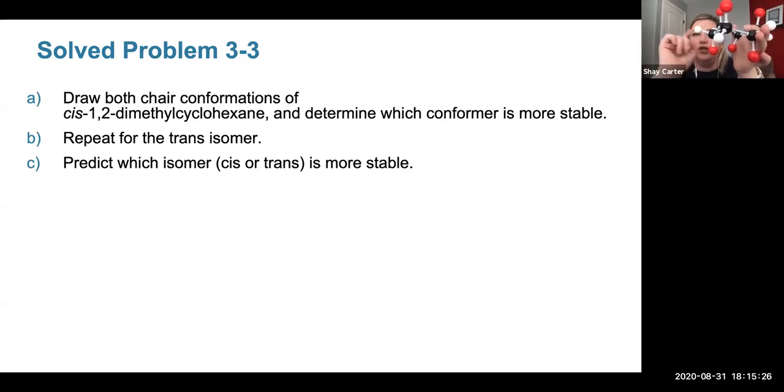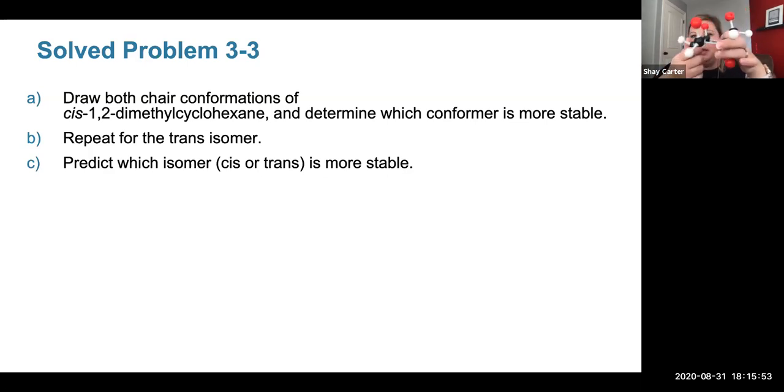Now for the trans isomer, let's look at this. At 1 and 2, we have axial on the top here and axial on the bottom.